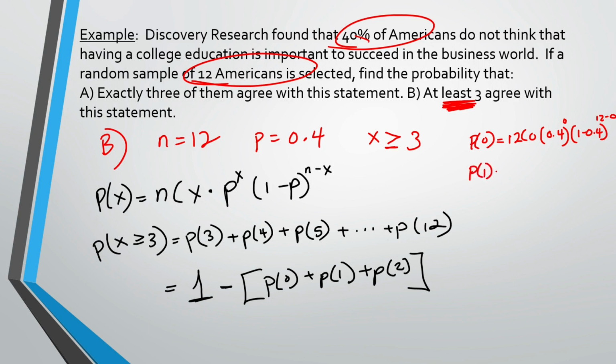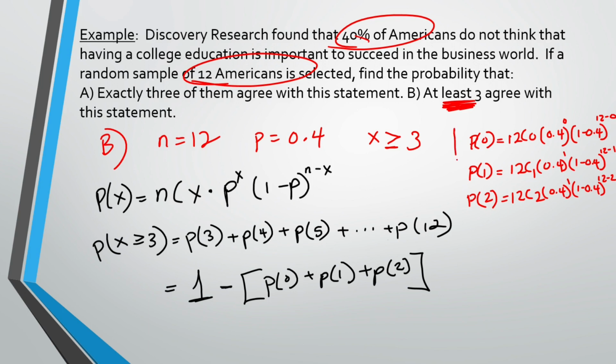P of 1 is equal to 12 choose 1 times 0.4 raised to the 1 times 1 minus 0.4 raised to the 12 minus 1. P of 2 is equal to 12 choose 2 times 0.4 raised to the 2 times 1 minus 0.4 raised to the 12 minus 2.